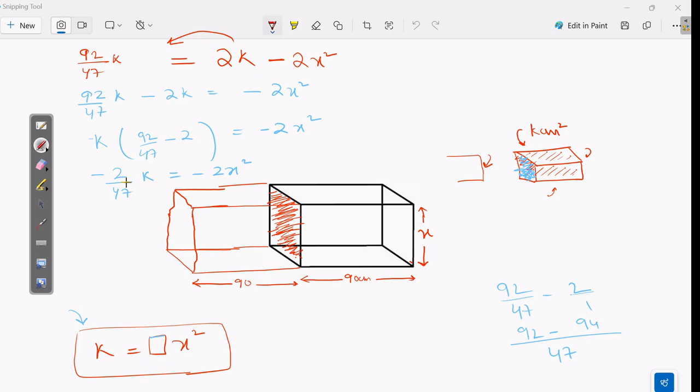Can you simplify this further? Could I do 2x squared minus 2 over 47 k is equal to 0? No, you have to bring it in this form: k is equal to something times x square. So you have to isolate k. How will you isolate k?